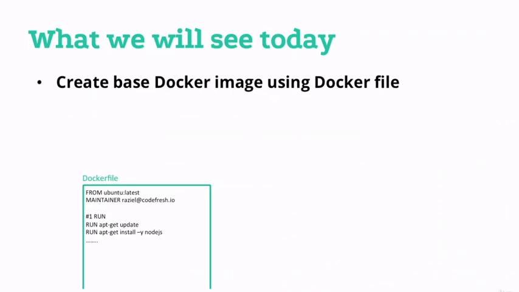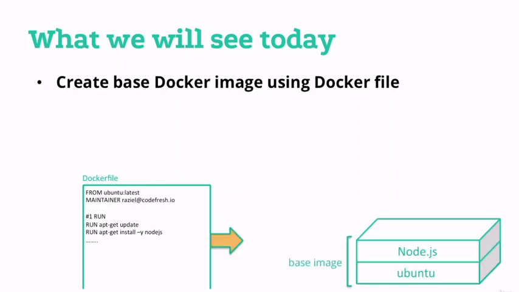What we will be doing today is we will use Dockerfile and the Docker build command. We will first write a very basic Dockerfile that, when we pass it to the Docker daemon, will create the base image that includes Ubuntu and Node.js. As we're doing it, we will learn about the different Dockerfile commands.